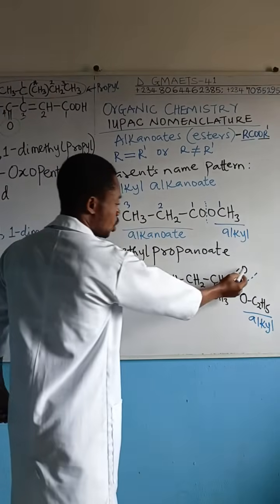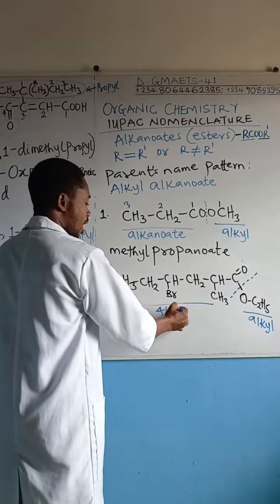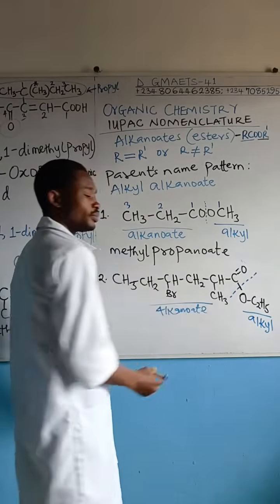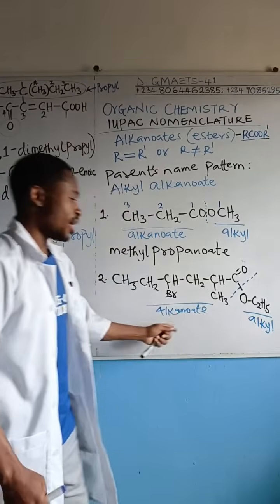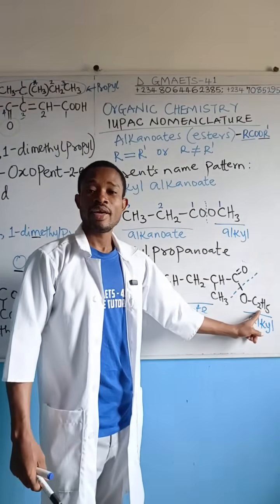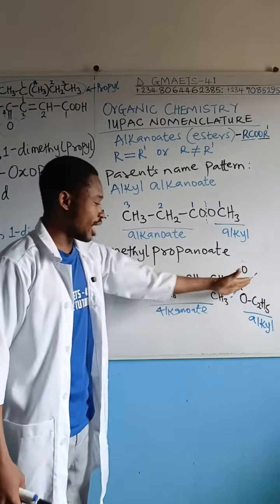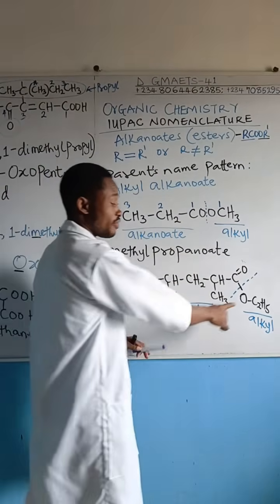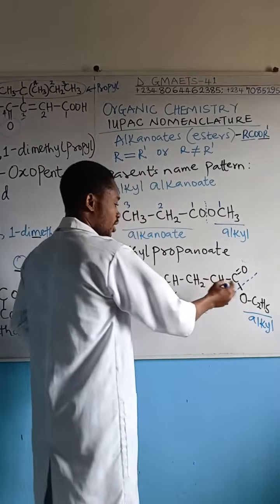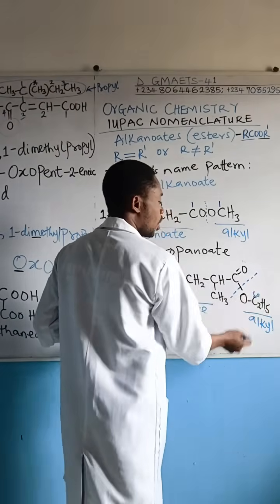Then this whole part now is the alkanoate part. Alkyl, alkanoate. This alkyl, 2 carbon atoms, is E, so ethyl. Then coming here now, let's count the number of carbon atoms you have here. Here is 2 carbons clearly. Let me indicate 1 and 2 carbon.